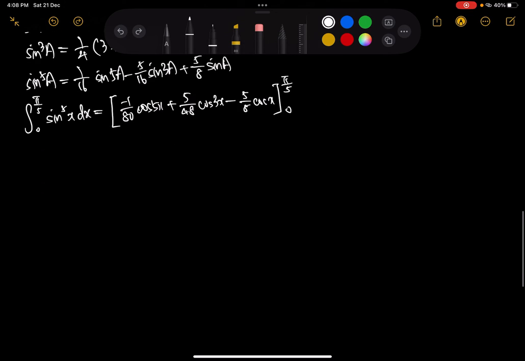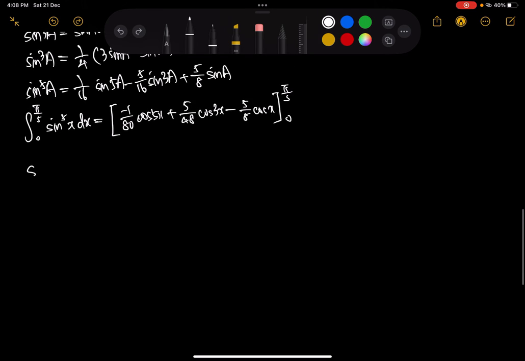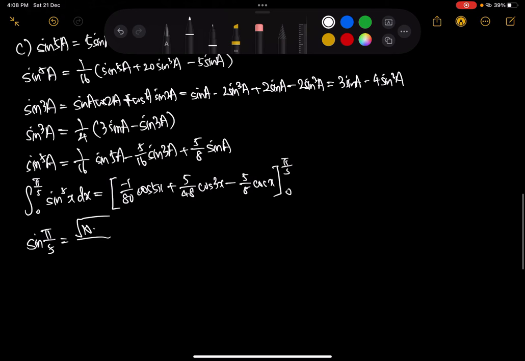So cosine pi over 5, well, let's copy down sine pi over 5 first, is equal to root 10 minus 2 root 5 over 4, which implies cosine pi over 5 is, well, it should be, so 4 squared is 16, 16 minus this thing squared, 10 plus 2 root 5 over 4.